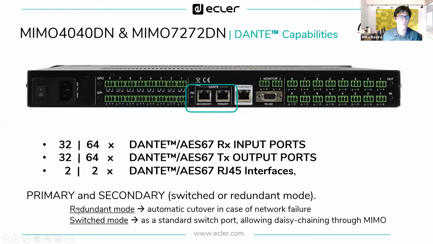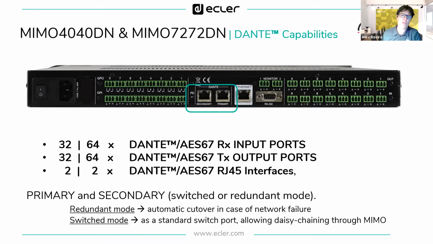Okay, you can switch from redundant mode to switch mode, as we said yesterday. Okay, in redundant mode, you can create 2 networks. So if one breaks down, the other one will cover without having any trouble.